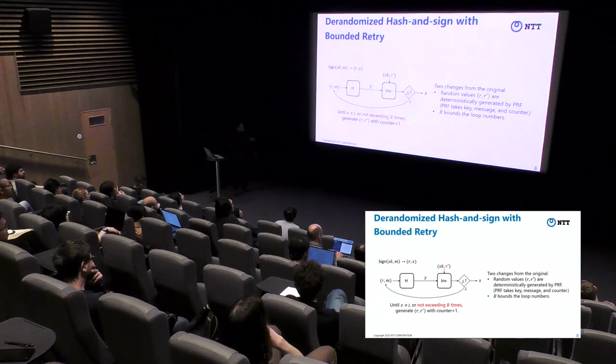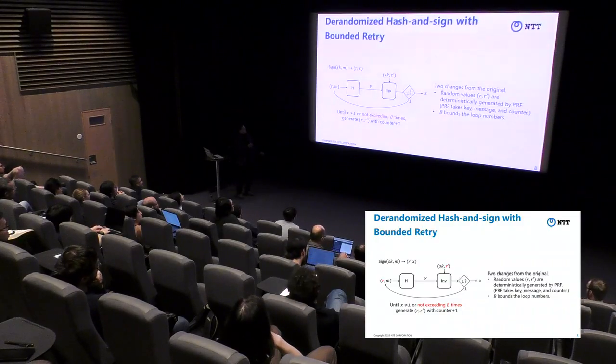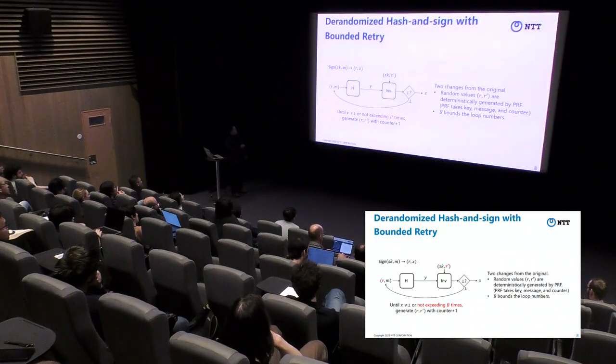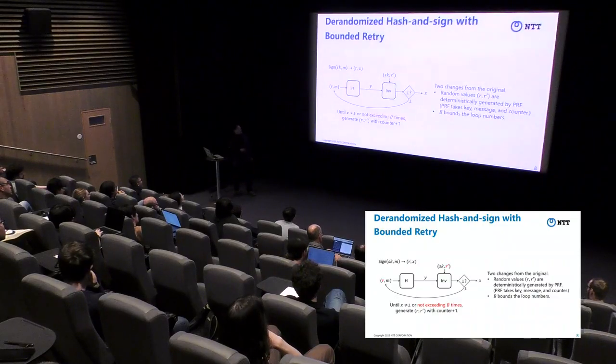And they are generated by the PRF, and the PRF takes a key, a message, and a counter. The counter is needed because the random values must be different in each loop iteration. And also we have a bound on the loop numbers.